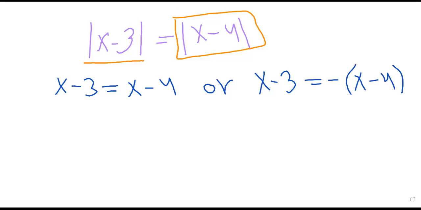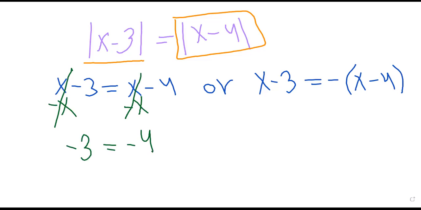Here, how to solve an equation that has a variable on both sides? Get rid of one of them. So I'll subtract x from both sides. Okay, we are left with minus 3 is equal to minus 4, because x minus x is 0.